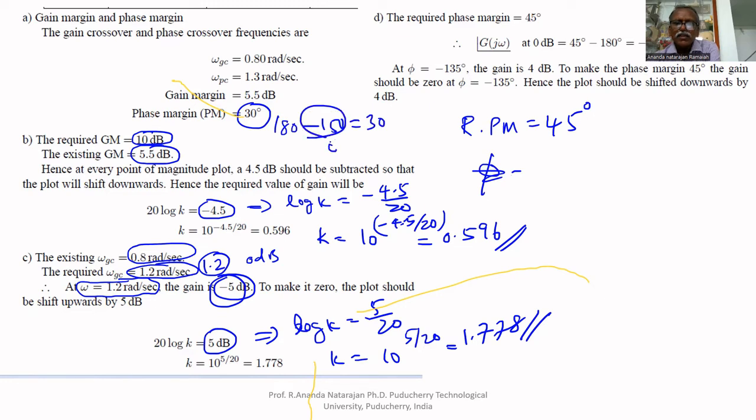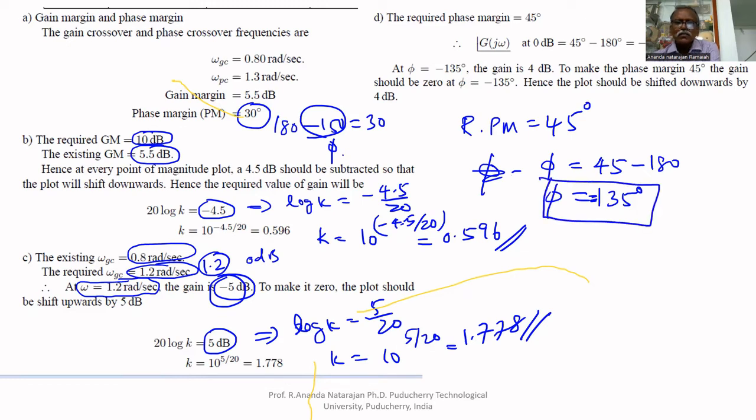This 150 is phi. Therefore, this phi equal to 45 minus 180, that is equal to minus 135 degree. Phi equal to minus 135.